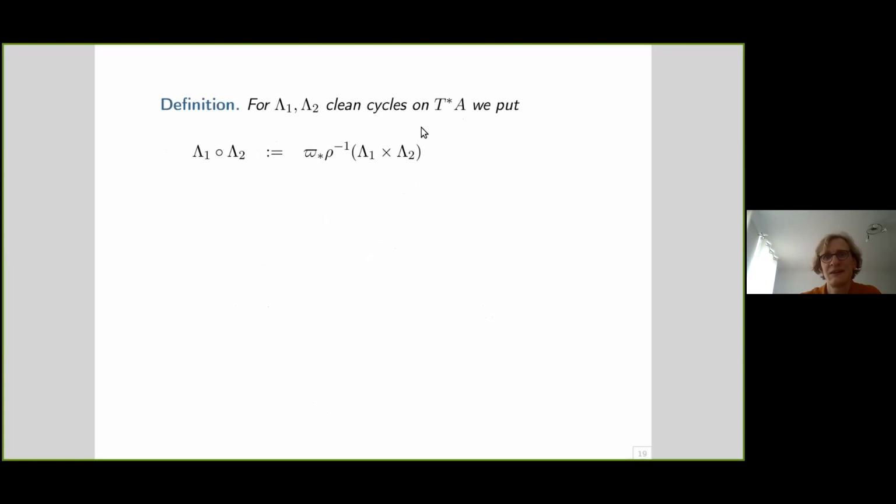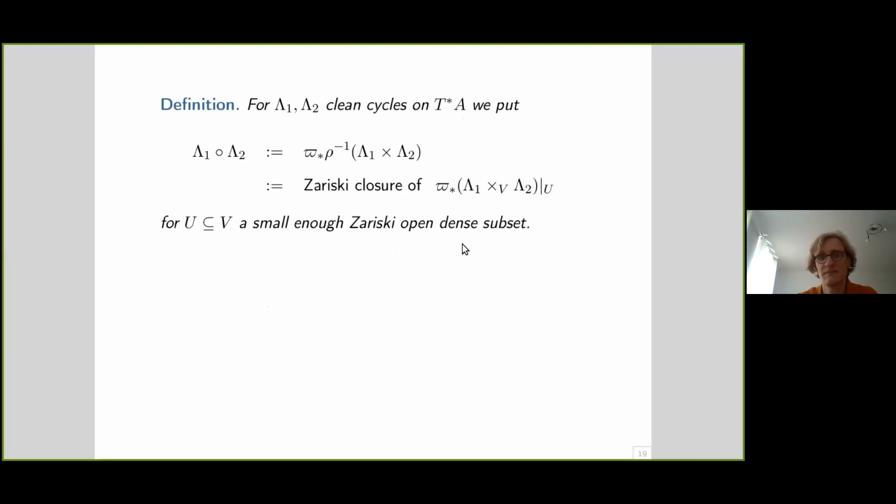If you have lambda 1 and lambda 2 on T star A, you take lambda 1 times lambda 2. This is a cycle on T star of A times A. And then you pull back and push forward. And you need to be a bit careful here, because I want to deal only with clean cycles. So anything which has non-dominant Gauss map is discarded.